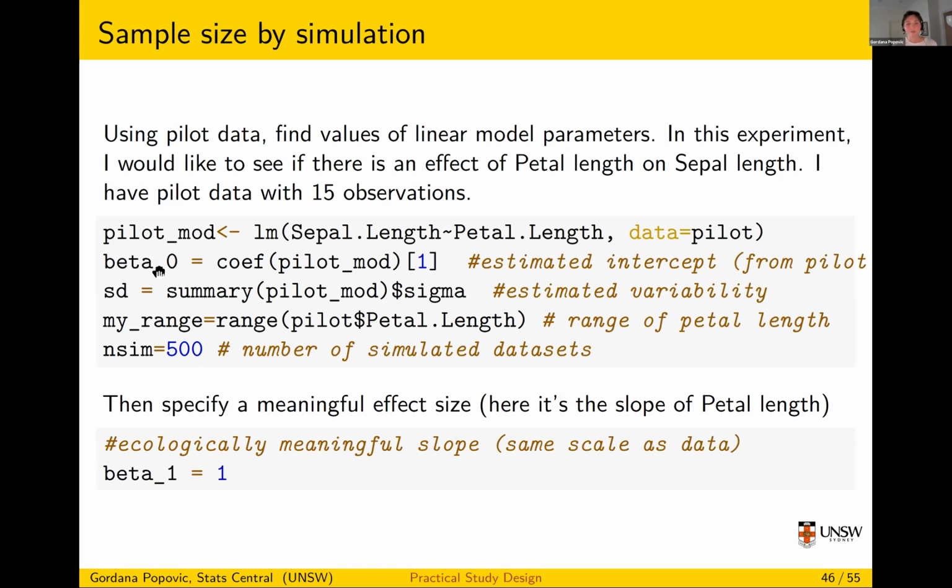So what I then do is I see what's estimated. I want to use this to estimate the things that I need. One of them is the variability. So I want to estimate variability, and I can get that from the output of this model. It's just the sigma variance.